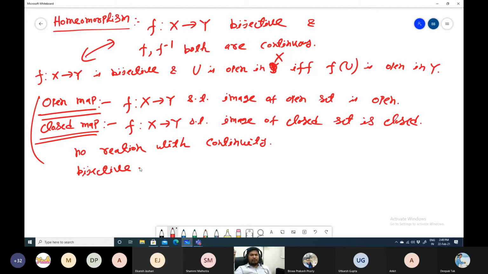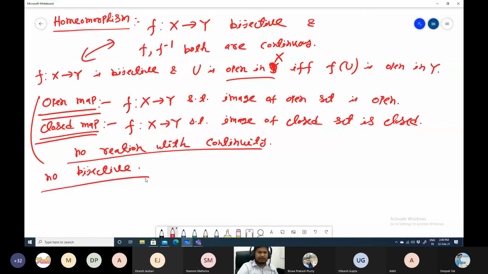For example, a function can be continuous and open both, but not a homeomorphism, because the function may not be bijective. If it is bijective, continuous and open, then by this condition you can say that it is a homeomorphism. So there is no relation with continuity and no relation with bijectivity as well.